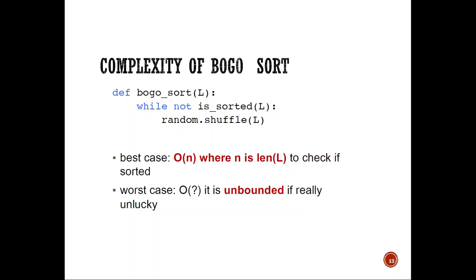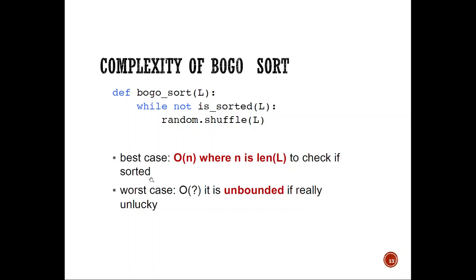So, in more technical terms, we check while the sorted is not true, that is, that the list is still not sorted, we just shuffle the elements within the list.